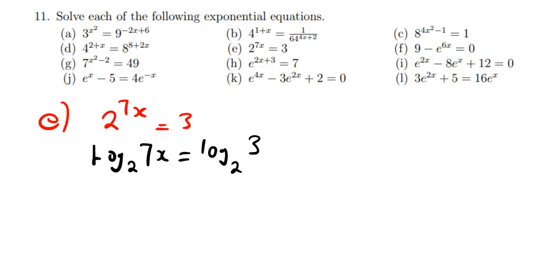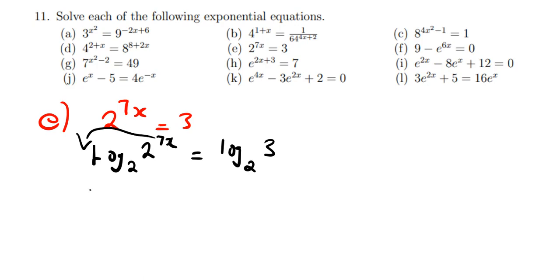If I introduce log in base 2, actually I had forgotten that, so this is log in base 2 of 2 to the power 7x is equal to log in base 2 of 3. So that's how it is. Now this power is going to drop, and I'm going to have 7x.